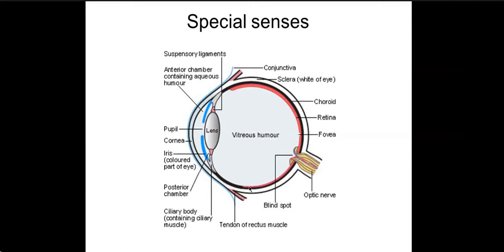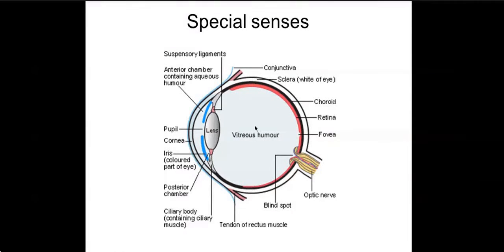The choroid layer contains the blood vessels, and on top of the choroid layer there is the retina. The retina contains the rods and cone cells, the photoreceptor cells. The retina gets its nutrition and gaseous exchange through the blood vessels present in the choroid. So if there is detachment of the retina from the choroid, the cells die.